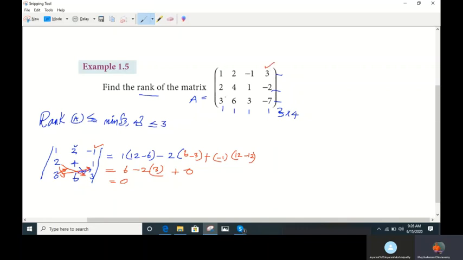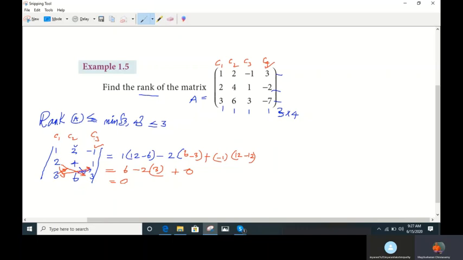The first 3, C1, C2, C3, we found 0. This is column 1, column 2, column 3, column 4. I have taken the first 3 columns only, correct? C1, C2, C3 is a minor matrix of order 3 cross 3 and the determinant value is 0.